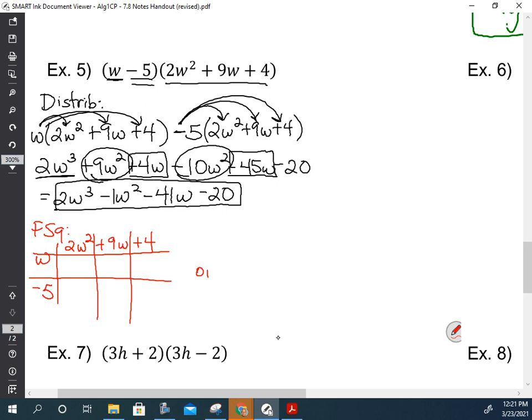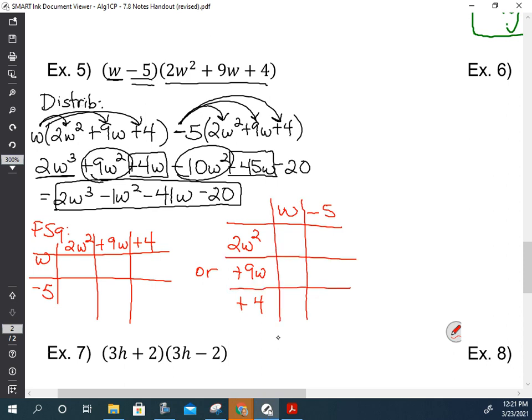Or you can put 2w squared plus 9w plus 4 on the left, and then w minus 5 on top. Either way you set it up, you're going to end up with the same answer.